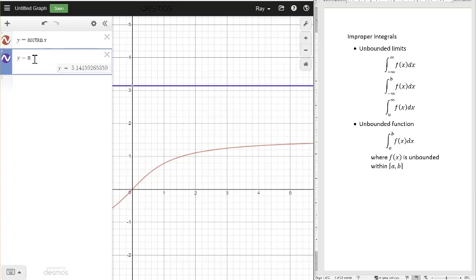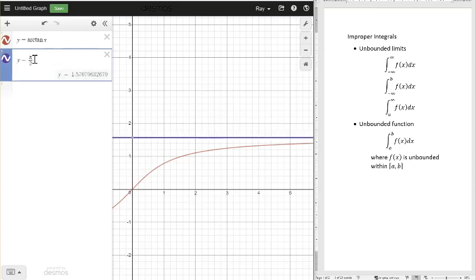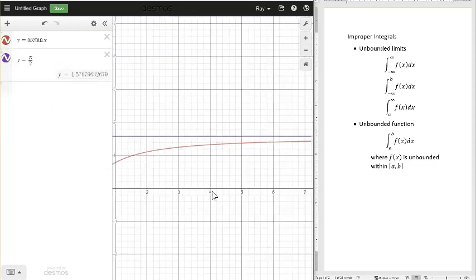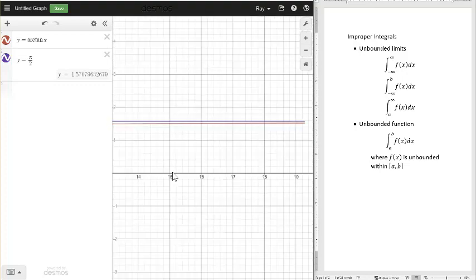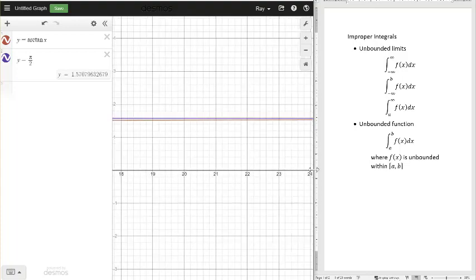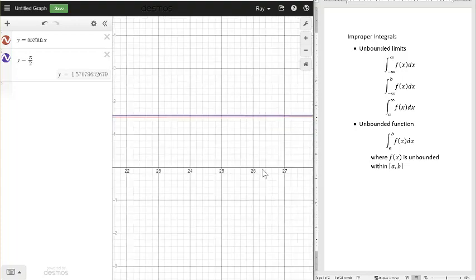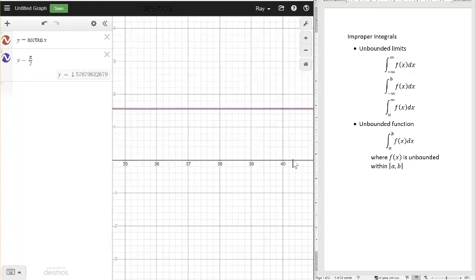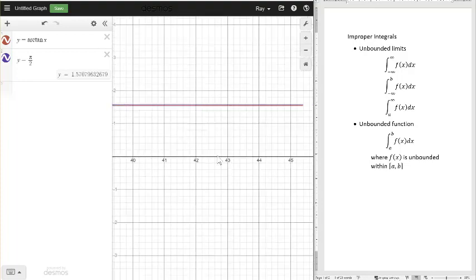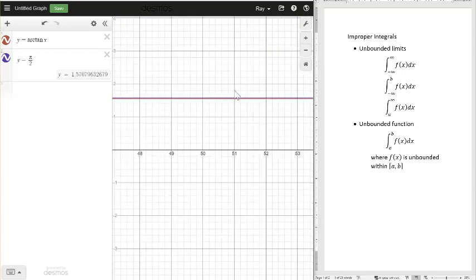Let's take a look at y equals pi over 2. And if we take a look at the arctan as we go off to larger and larger values, it looks like it's approaching that value of pi over 2. We can also think about that as the tangent of pi over 2 going off to infinity, and that's kind of what's telling us in the graph.